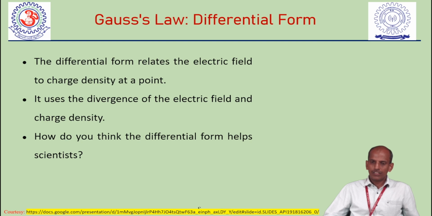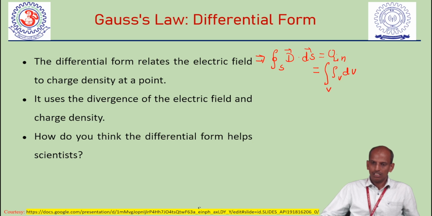Now what is the differential form? That's very easy. If I write D dot ds is equal to q in, and suppose rho v is the volume charge density, then I can write q in as the volume integral of rho v dv.